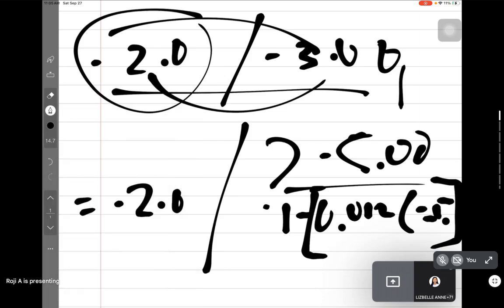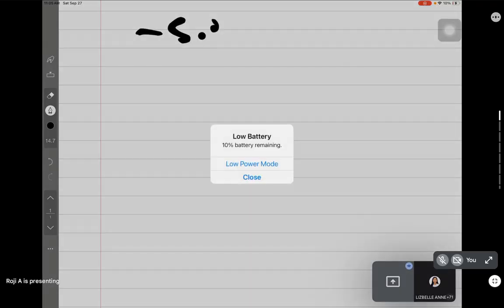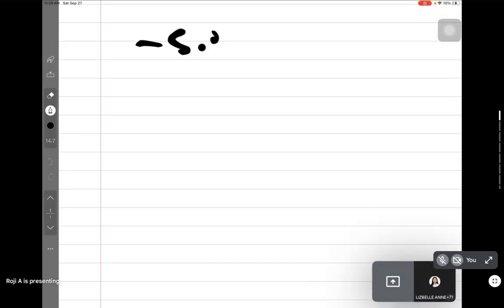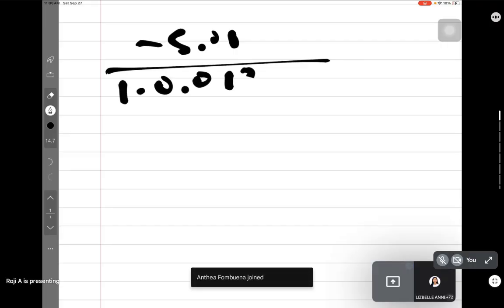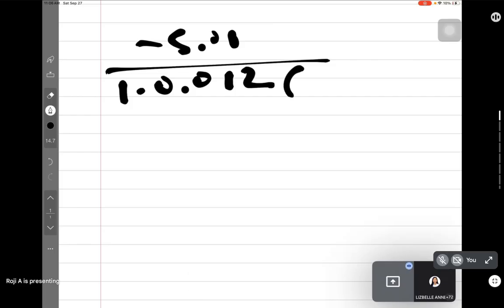How much is that? Minus 0.06 po. Okay. So we said minus 5 over 1 minus 0.012 times minus 5. So how much is your answer again? Minus 0.06 po.